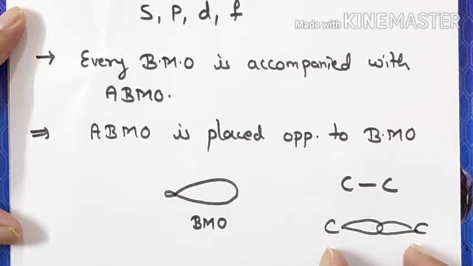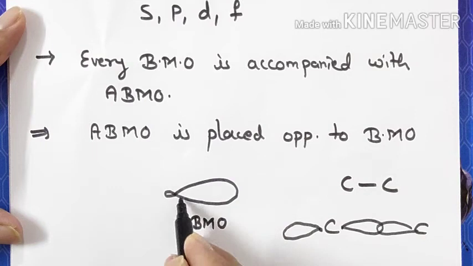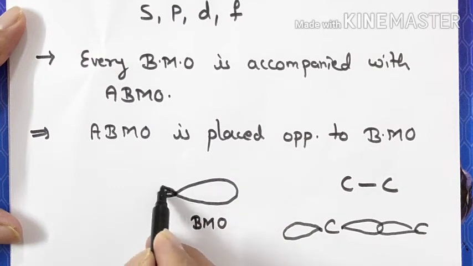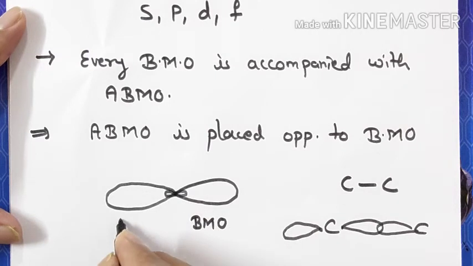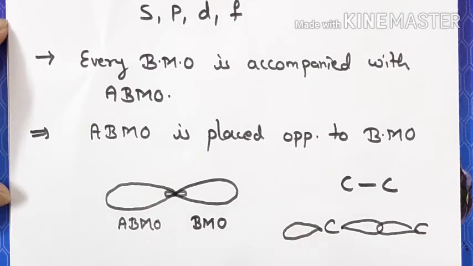But one thing more we have to understand is that if this is a bonding orbital, there will be the presence of an anti-bonding molecular orbital. Similarly, if there is a bonding molecular orbital over here, there will be an anti-bonding molecular orbital. Is this clear, students?